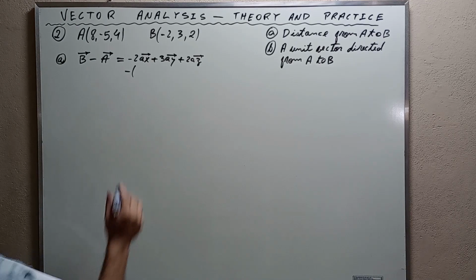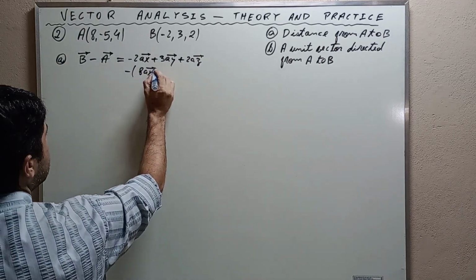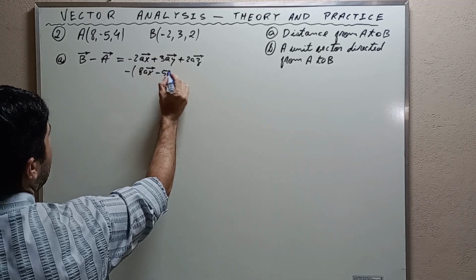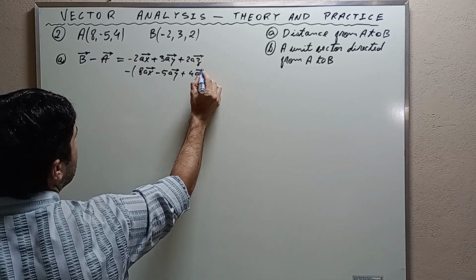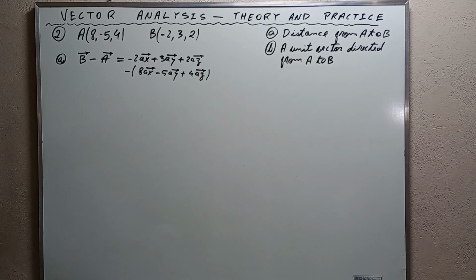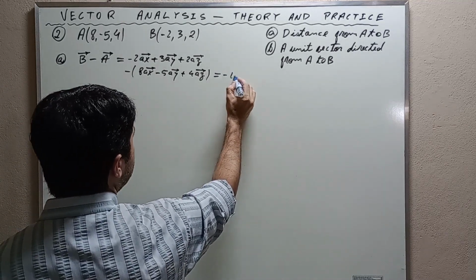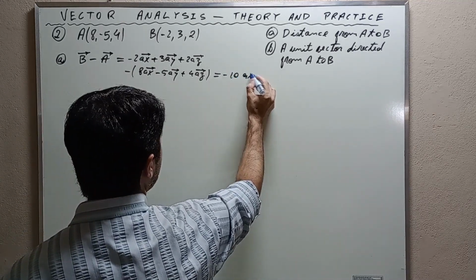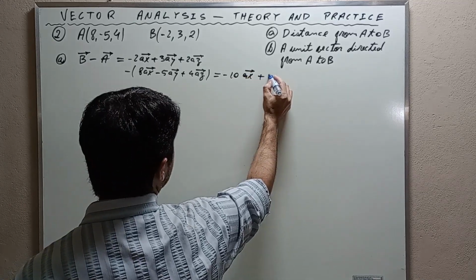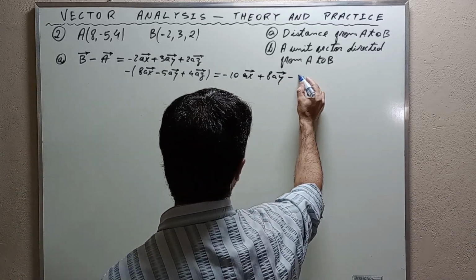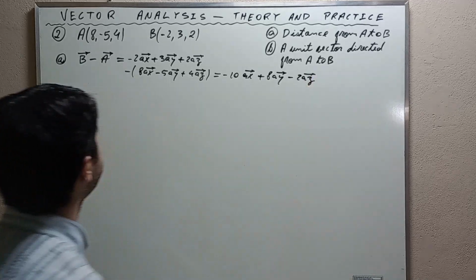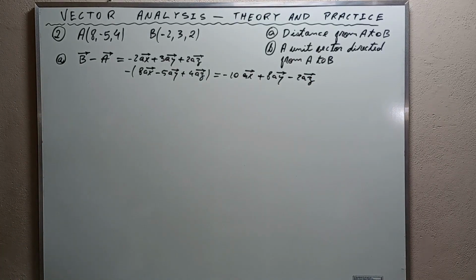Vector A is 8ax minus 5ay plus 4az. And this results in a vector such as negative 10ax plus 8ay minus 2az. Okay?